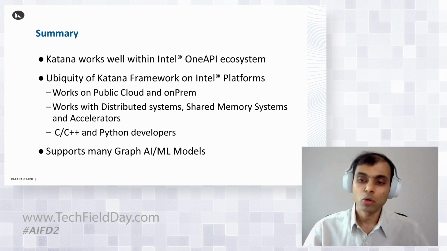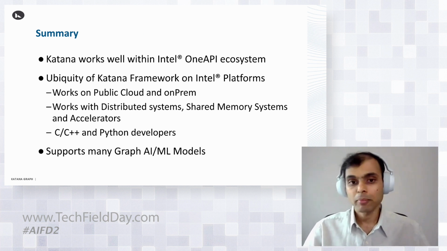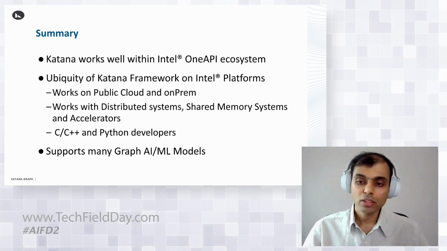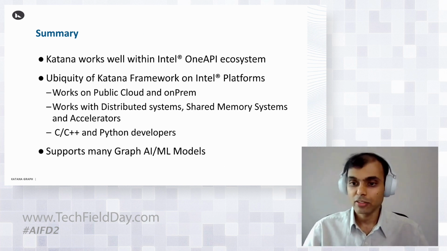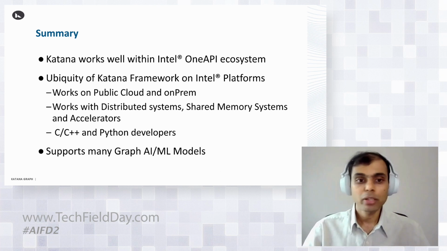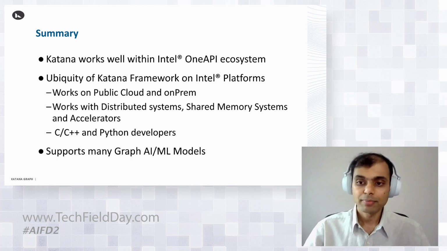We provide solutions for both public clouds and on-prem clusters. We provide solutions for scale-out and distributed systems, or on accelerators, and scale-up solutions on shared memory systems and accelerators as well. Our system can be coded using C++, Python, and graph querying languages. And as I've shown, we support a diversity of graph AI and ML models.